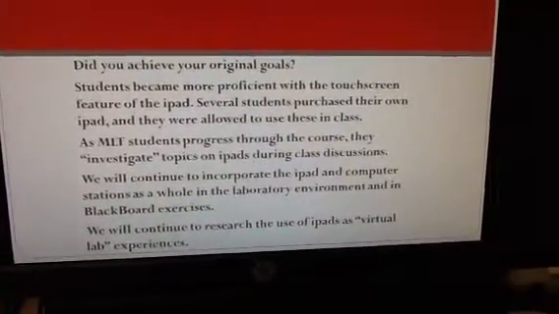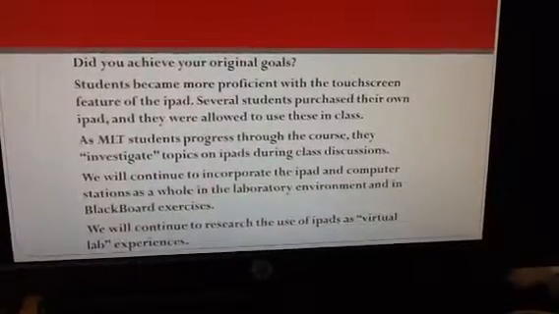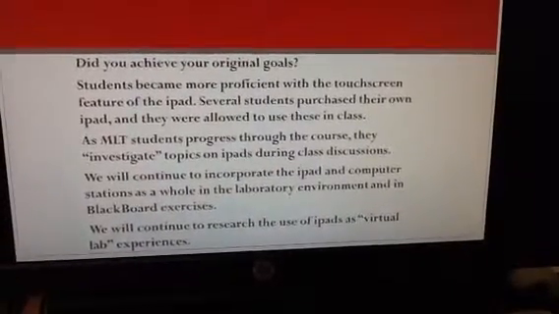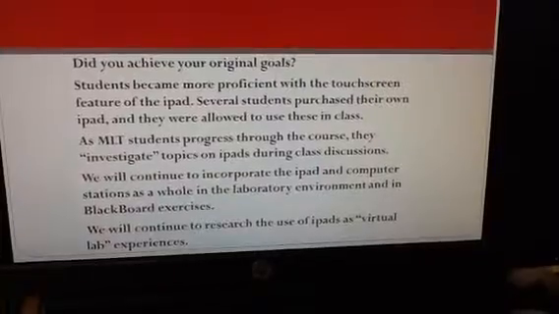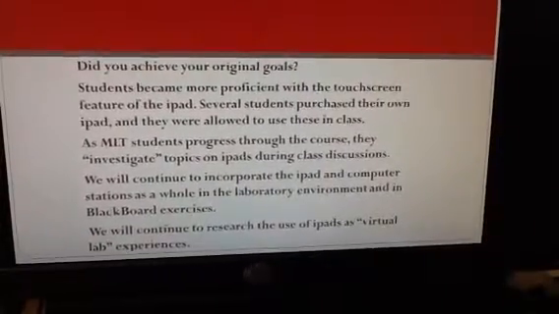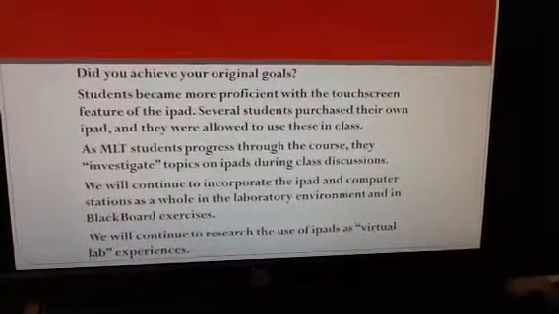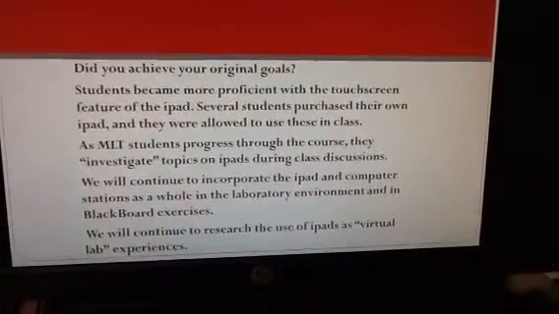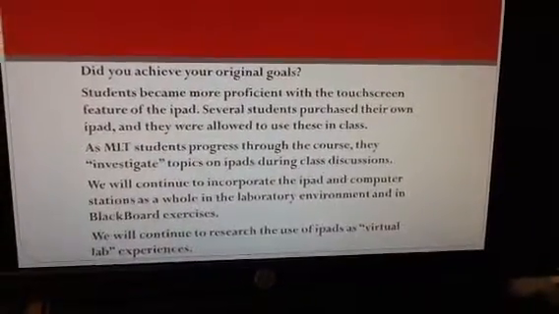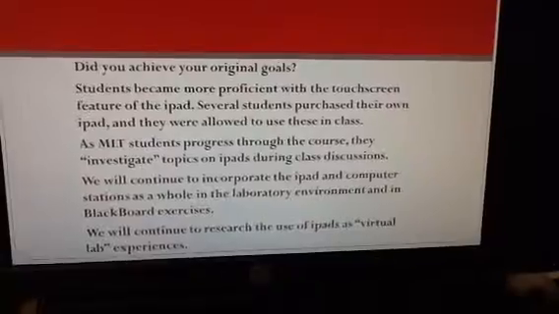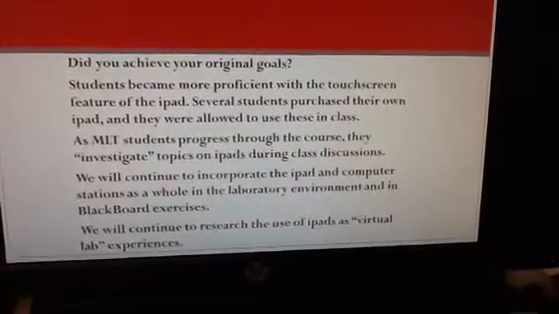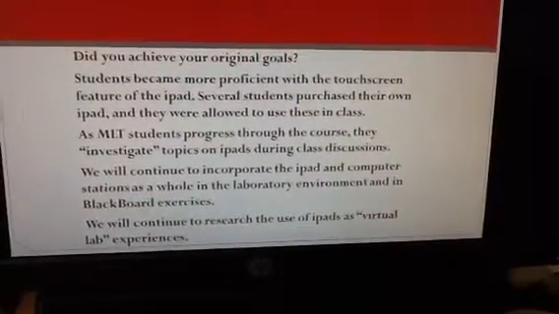So we're going to continue to incorporate iPads and also our computer stations as a whole in our laboratory environment and actually in our Blackboard exercises too. I am continuously building links to apps and other sites that give them opportunity to expand upon some of the basic concepts that are presented.